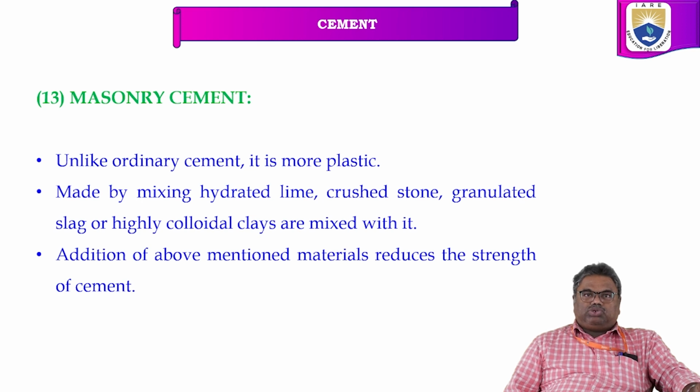Masonry cement. Unlike ordinary cement, it is much more plastic. Masonry cement is made by mixing hydrated lime, crushed stone, granulated slag, or highly colloidal clay with it.